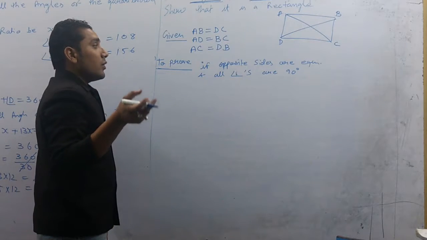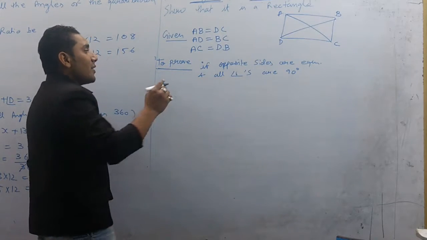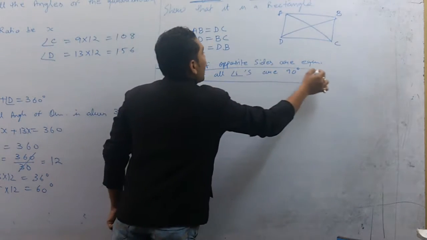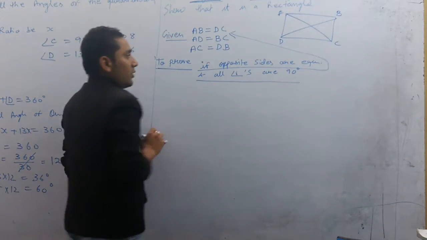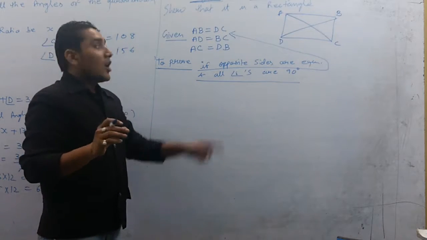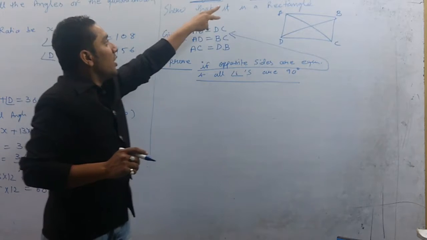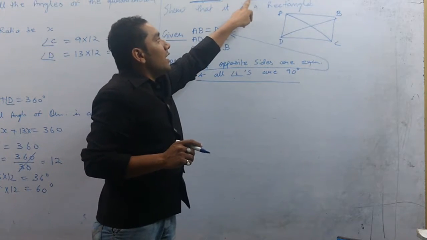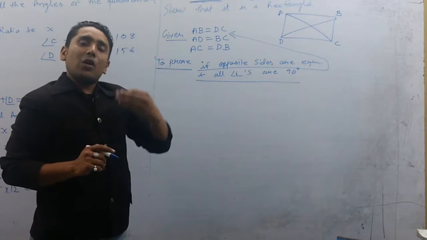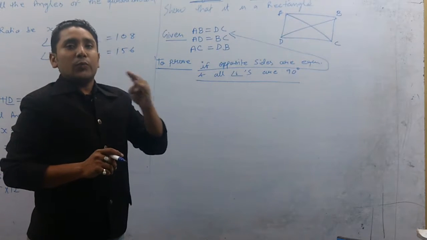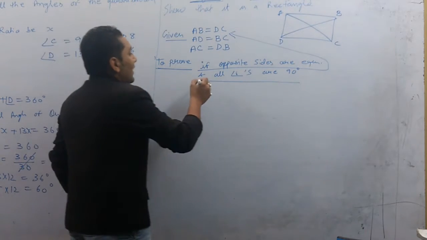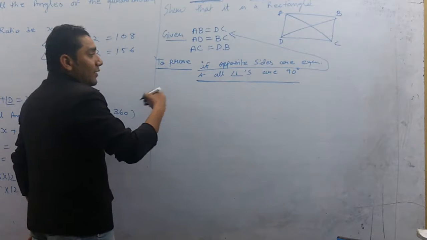So here we only have to prove that all angles are 90, because opposite sides are equal is given here. We do not need to prove opposite sides are equal, because the question said it is a parallelogram, and in a parallelogram opposite sides are already equal. We only need to prove all angles are 90.